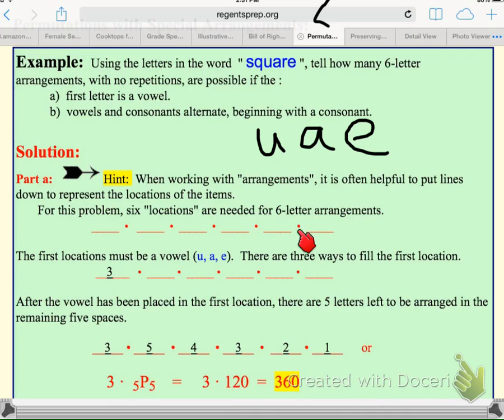Now they gave me a parameter for this first location, and that is that it has to be a vowel. Well, there's only 3 vowels, so I have 3 choices to fill in the first location. And then after the vowel has been placed there, there are 5 letters left to be arranged in the remaining 5 spaces. So now I'm doing 5 factorial: 5 times 4 times 3 times 2 times 1.